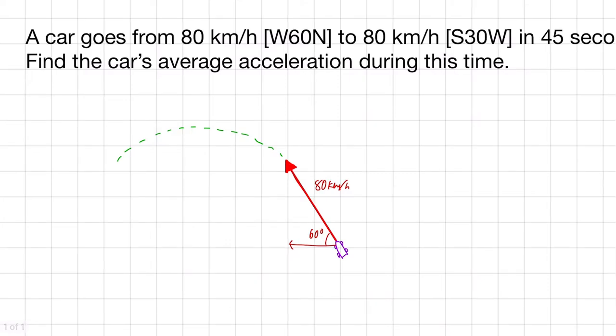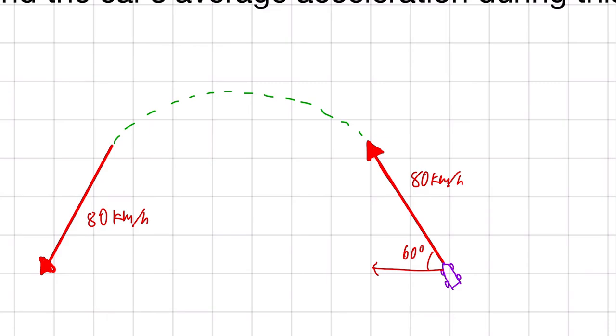And its final velocity is going to be 80 kilometers per hour. So again, this is 80 kilometers per hour. And now it's at an angle of south 30 west. So this is our south, an angle 30 degrees to the west.